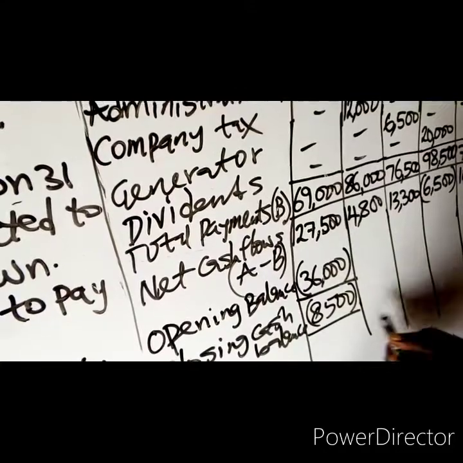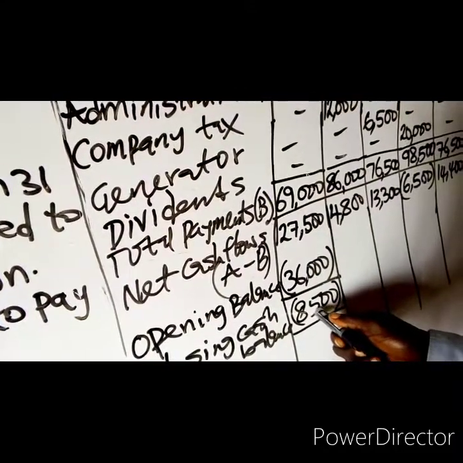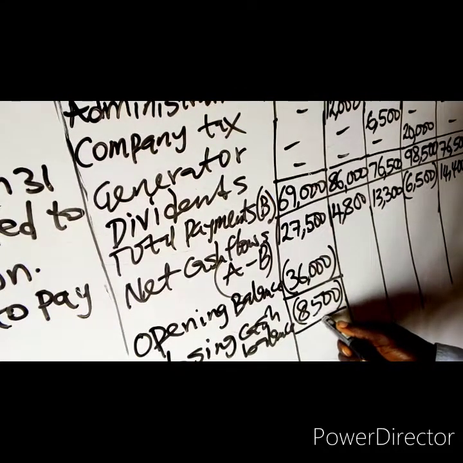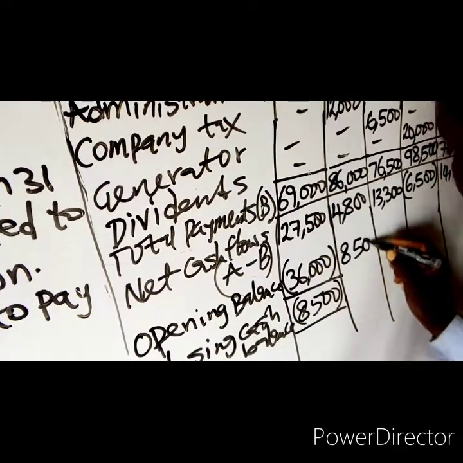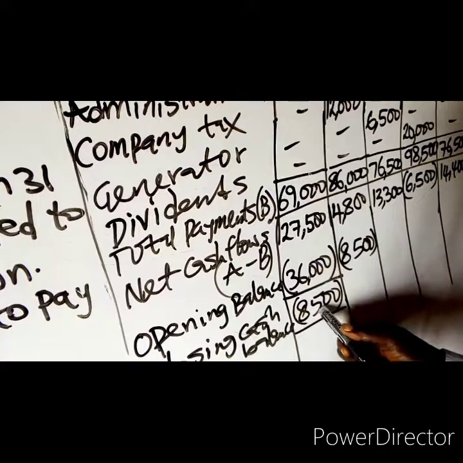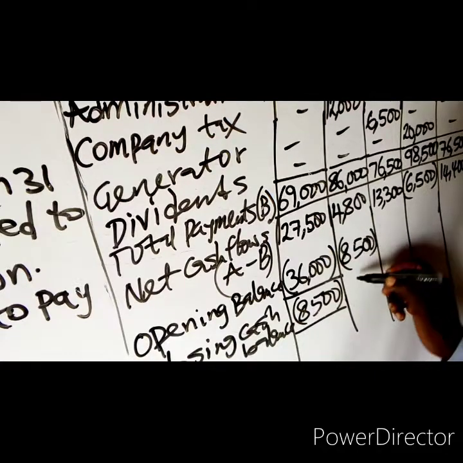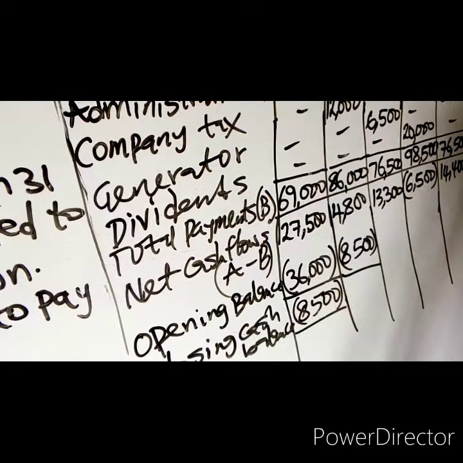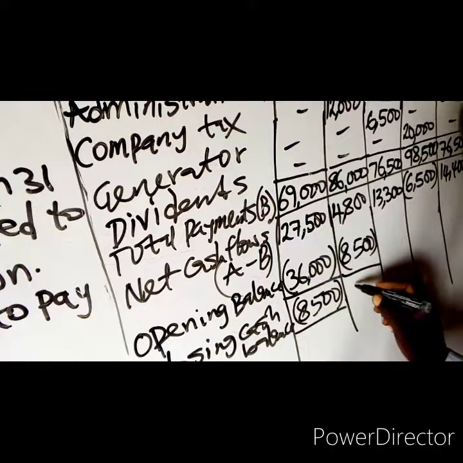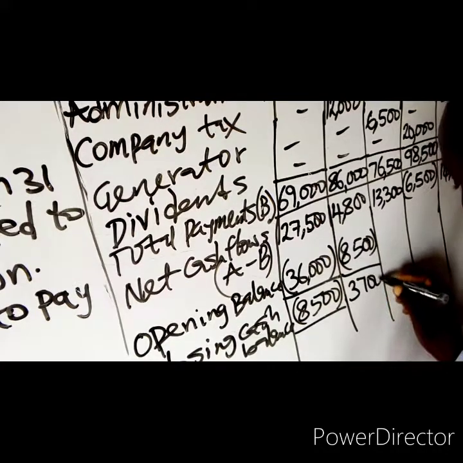So this is the closing balance for the month of January, and that will automatically become the opening balance in February. 8,500. You know it is an overdraft, so it becomes the opening balance. So you are going to subtract that from 4,800 as well. Then you have 3,700.